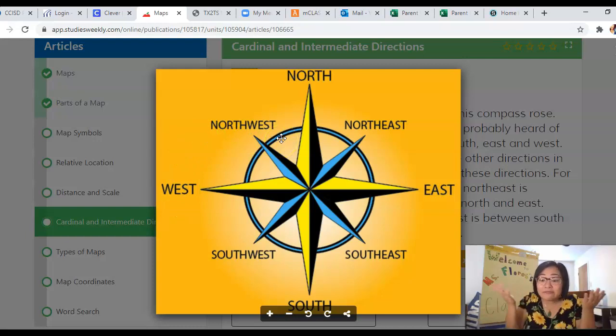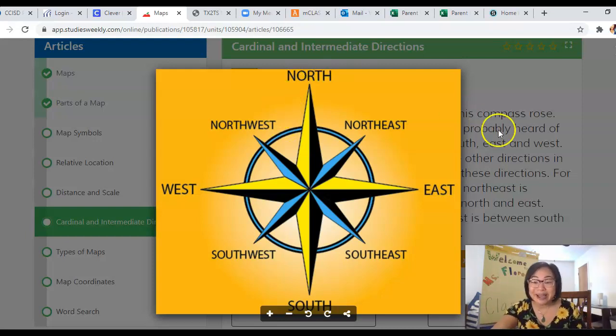I'm only familiar with 4 of those directions. Do you recognize them too? If you said I recognize north, east, south, and west, then you're in the same boat as me. I can't wait to learn about these other directions: northeast, southeast, southwest, and northwest. Let's find out.